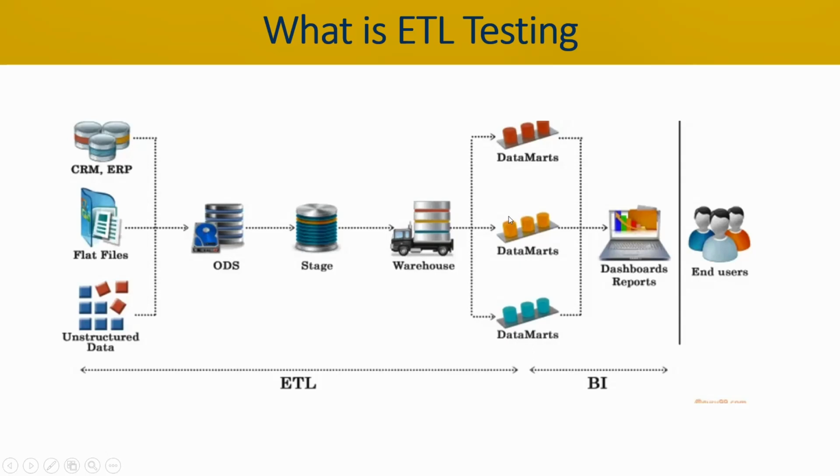So you are making different data marts, and those data marts are then presented to the expected data consumers in front of the dashboards and reports, and those dashboards and reports are presented to the end user. This is how the ecosystem of ETL testing comes into the picture, and the dashboards of beautiful data illustrations are produced when the business users, or as you have seen here where BI is written, business intelligence, get their expected outcomes.